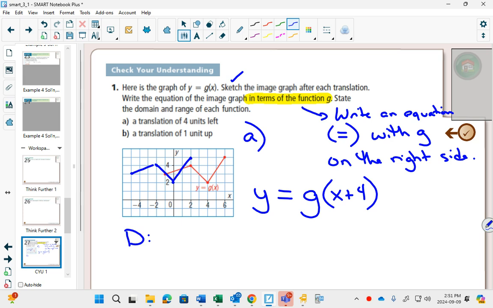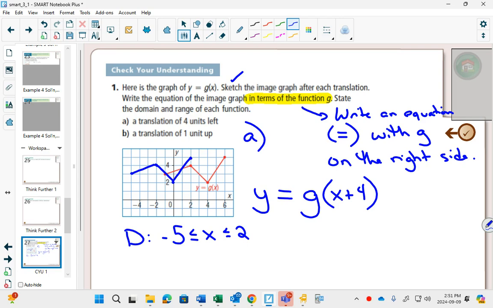Domain, again, those are our x values. Our smallest x value is -5, and it includes all of the x values, and our biggest x value is 2. Two ways that we could write the domain. In set notation, we would do this. X is in between -5 and 2, includes everything in between. We have equal signs there because it includes the endpoints as well.